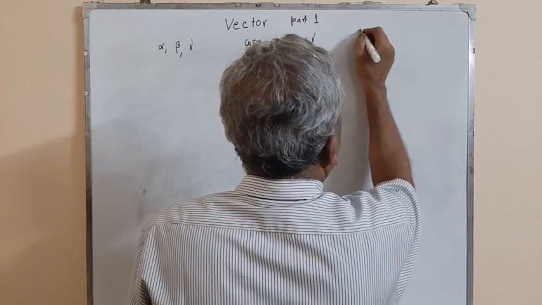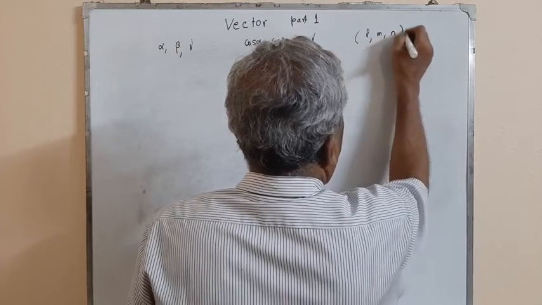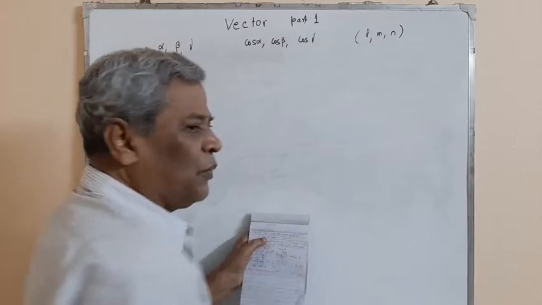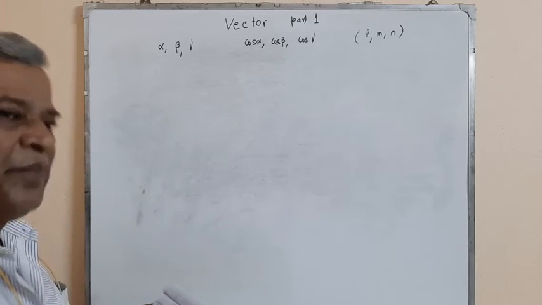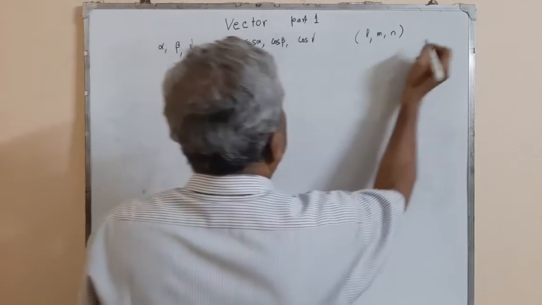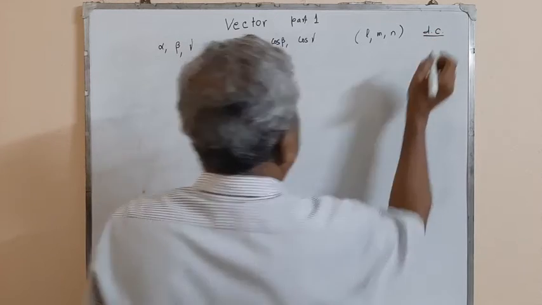Normally, it is denoted by L, M, N. C stands for cosine.